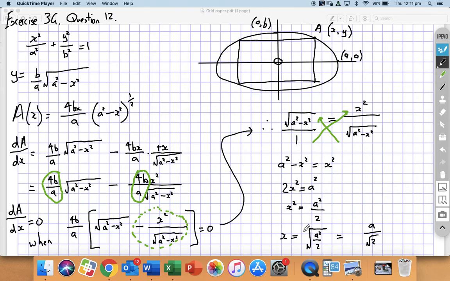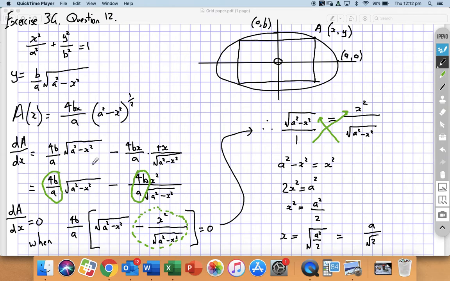If I'm in a test, I probably should write that, and then maybe write a little sentence to say we are discarding the negative value because x can't represent a negative length, because negative lengths are not a thing. They do not exist.